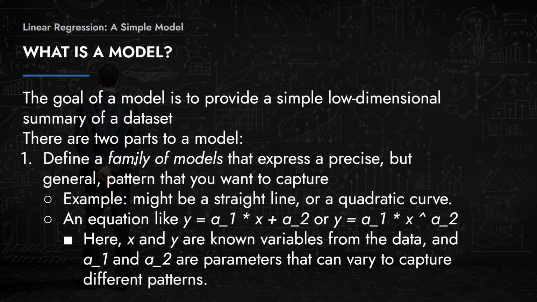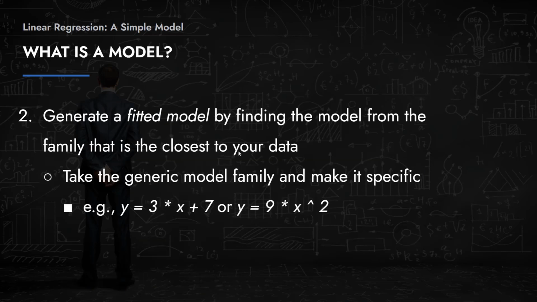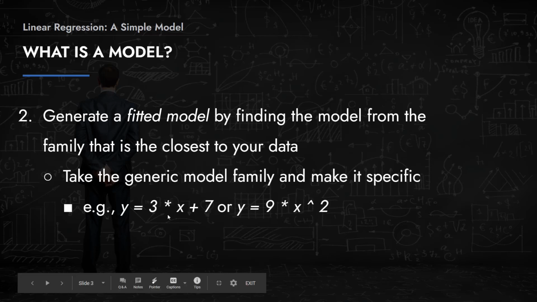So part 2 of building a model is to generate a fitted model. Remember, we created a family of models, plural, many models. Now we want to generate a fitted model by finding the model from the family that is closest to your data. So take the generic model family and make it specific. Remember, this was a1 and a2, and this is the quadratic formula and this is the linear formula.